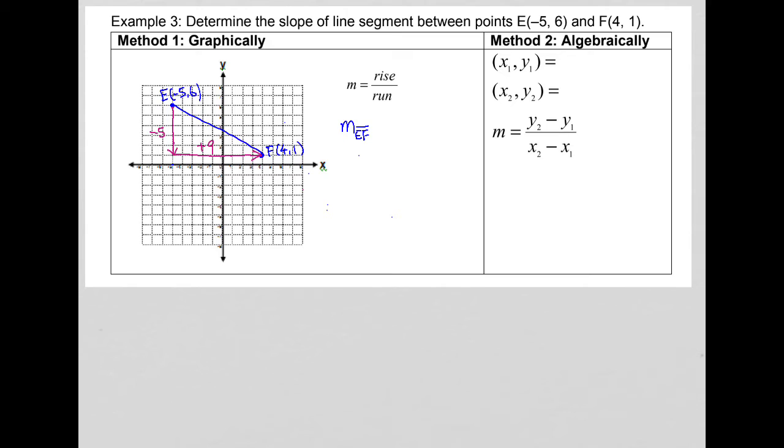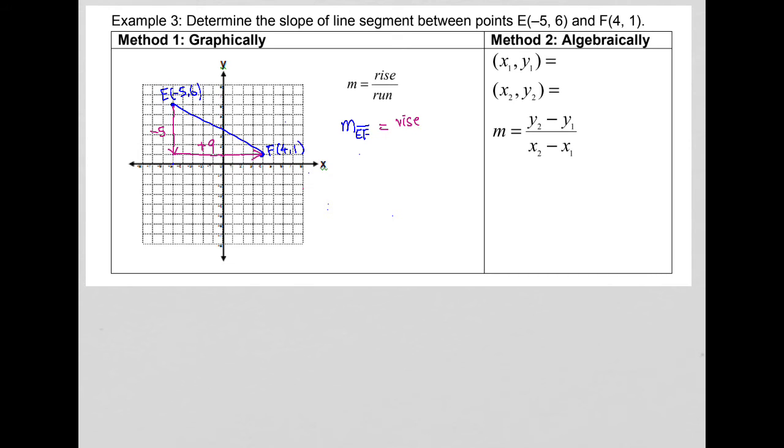Whenever you are going down, it's negative. Going up is positive. Going right is positive. Going left is negative. So the slope is rise over run, which is negative 5 over positive 9. A negative over a positive becomes negative, so negative 5 over 9.